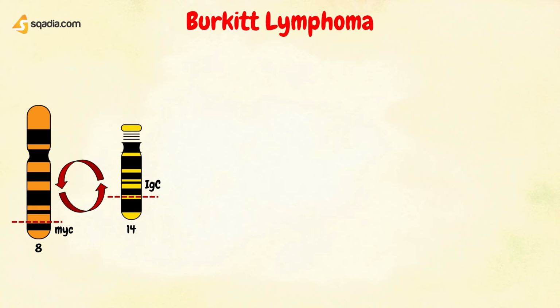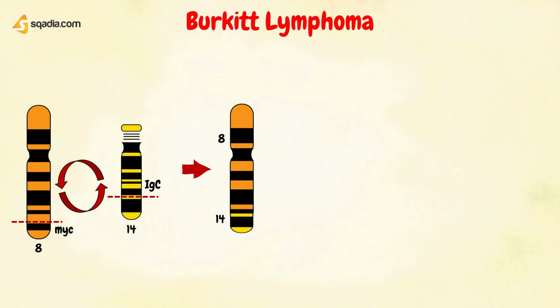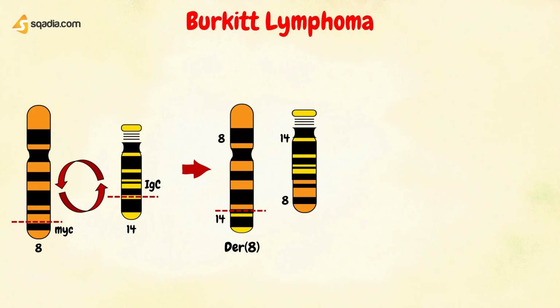This is a part of chromosome 8, and this a part of chromosome 14, while this is a part of chromosome 14, and this is a part of chromosome 8, as a result of which derivative chromosome 8 and derivative chromosome 14 are produced.